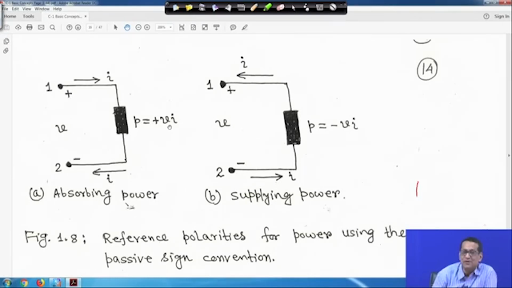That is why P is equal to plus V I, and in this case current is leaving the plus terminal, so you should take minus. That is why P is equal to minus V I.